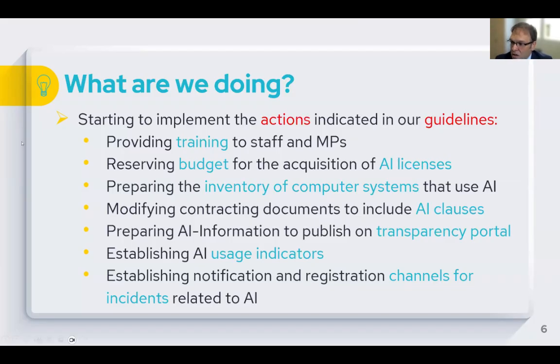We don't know yet which provider it will be, maybe Microsoft Copilot or ChatGPT or Gemini or NotebookLM. We are also preparing the inventory of our computer systems that use AI, because we have to publish it in our transparency portal according to the guidelines.